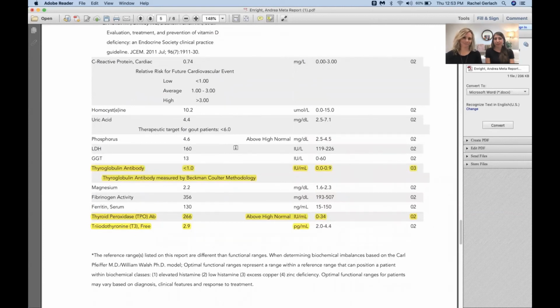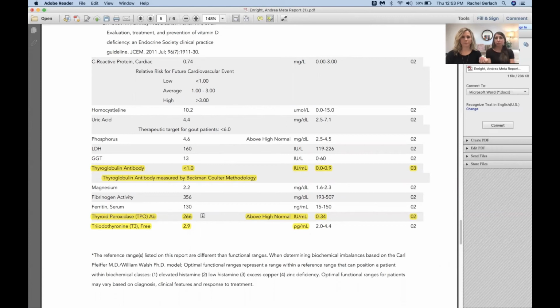What we're seeing here is the elevated thyroid peroxidase antibody, TPO. Right down here. This is a game changer. Now, this becomes an autoimmune condition. This is a condition known as Hashimoto's Thyroiditis. In this case, this person's immune system is attacking her thyroid.